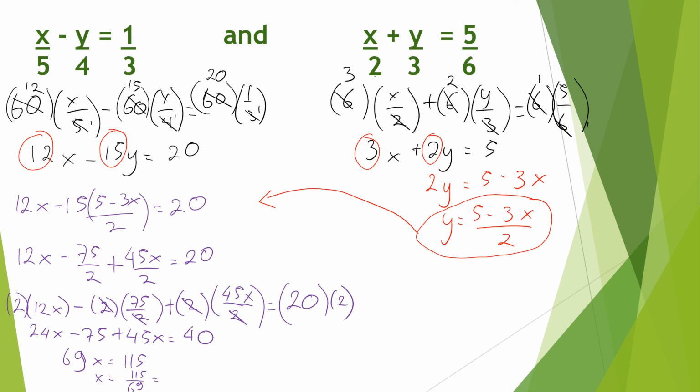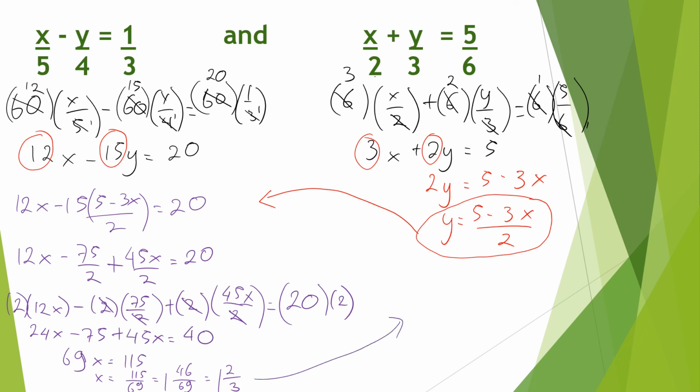This is okay. Change into the simplest form by dividing by 23. x equals 5 per 3. Okay, now back again to here.